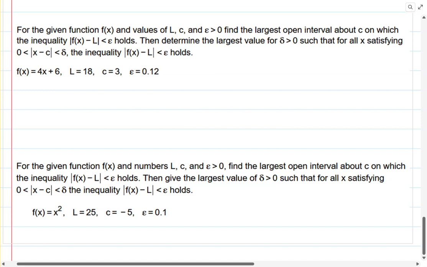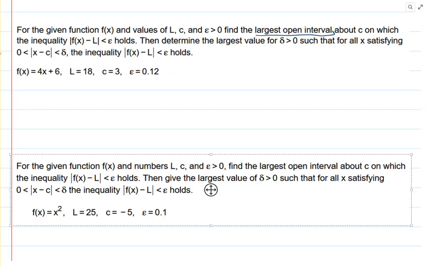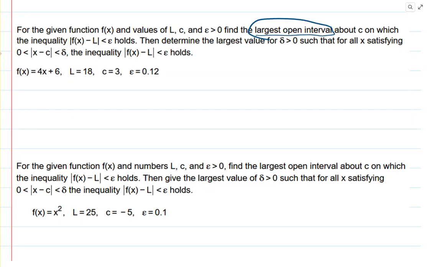Now, here we have an epsilon given to us, a C of 3, an L of 18, and an f of x as a line. They want, for the given function f of x and the values of L, C, and epsilon greater than 0, to find the largest open interval about C for which the inequality absolute value of f of x minus L is less than epsilon holds.